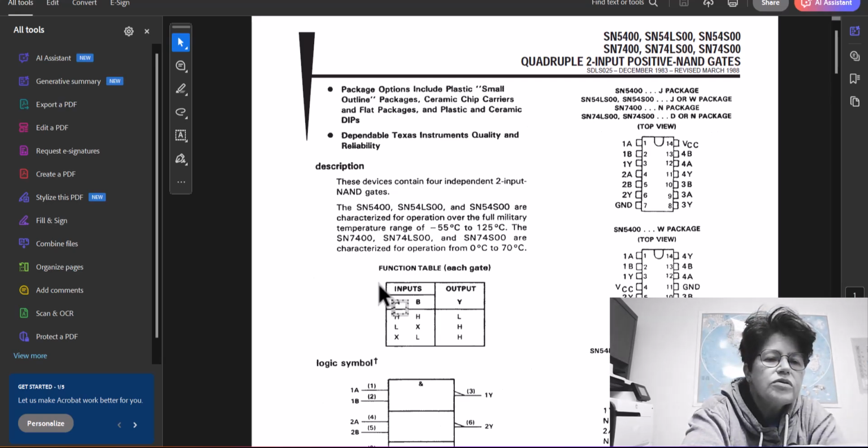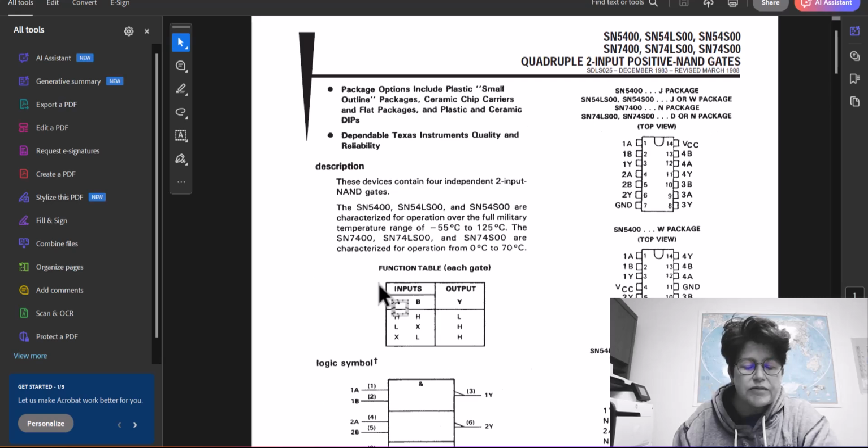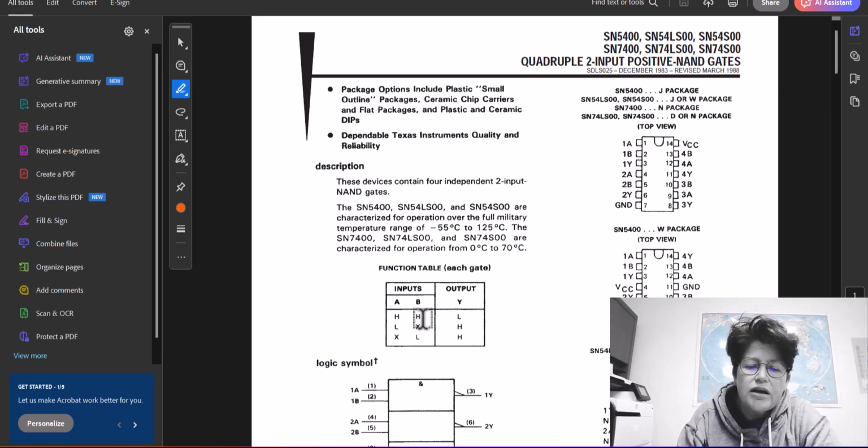If it's a 2-input NAND gate, if either of the inputs is low, then the output will be high. So it's not AND. AND would be if they're both 1, then the AND of that is 1, but this is not AND.